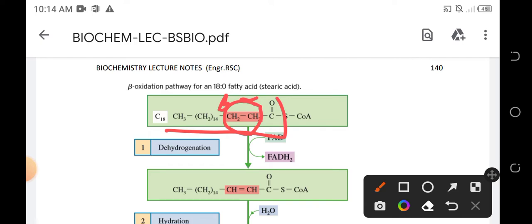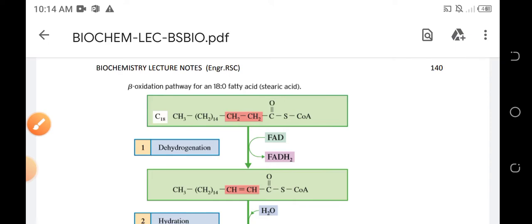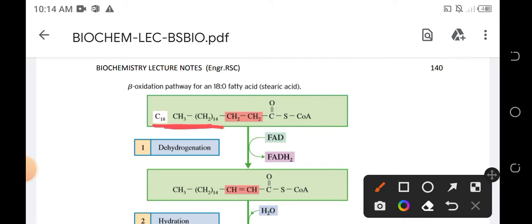Hindi natin nilalagyan ng Greek locant ang ating carbonyl kasi hindi siya makaka-accommodate ng substituent. Nevertheless, the alpha and beta carbon atoms are the site of reaction. So hindi muna natin pakikialaman yung remaining, itong dalawa lang muna kasi 18 yung total nila.